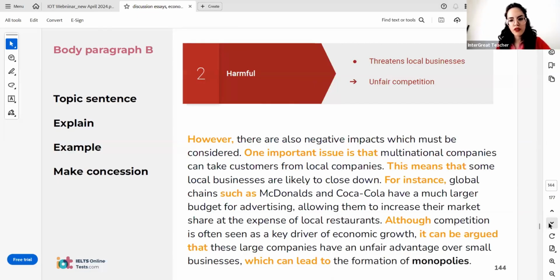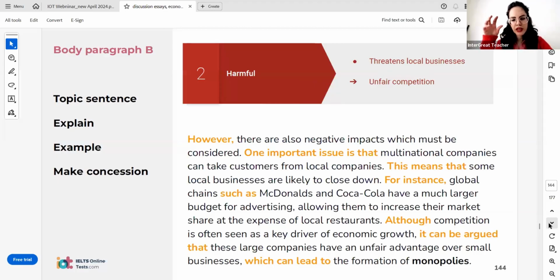The formation of monopolies. I don't know if you guys have played Monopoly, the game. What does Monopoly mean? Just two, three words. Yes. One side. Power on all leader. Okay.